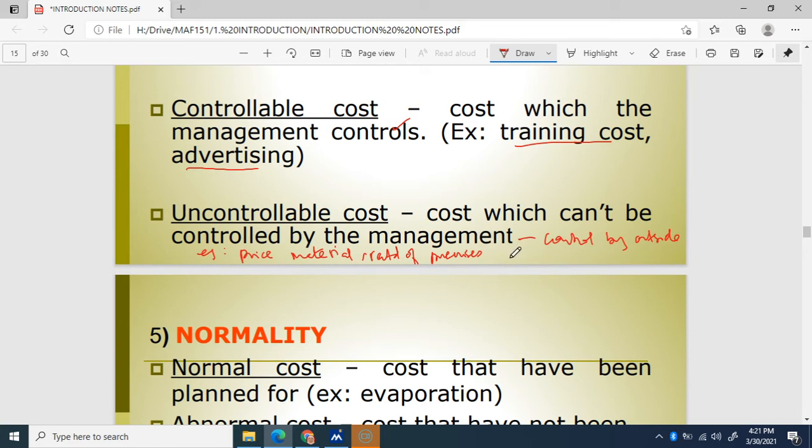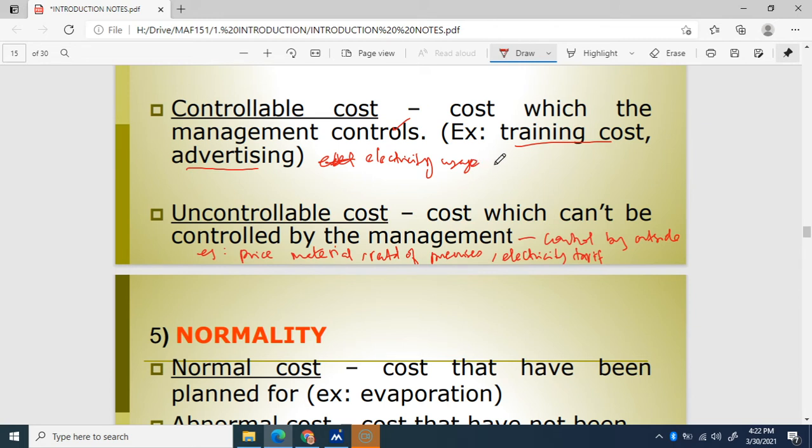How about electricity? The electricity tariff, how much per kilowatt, is uncontrollable, but the usage of electricity can be controlled internally.